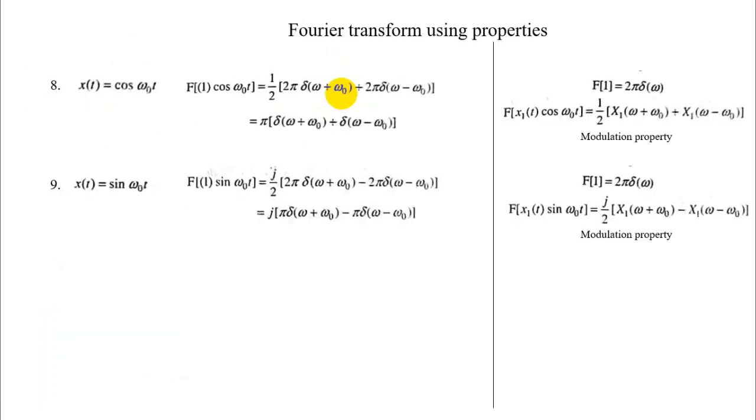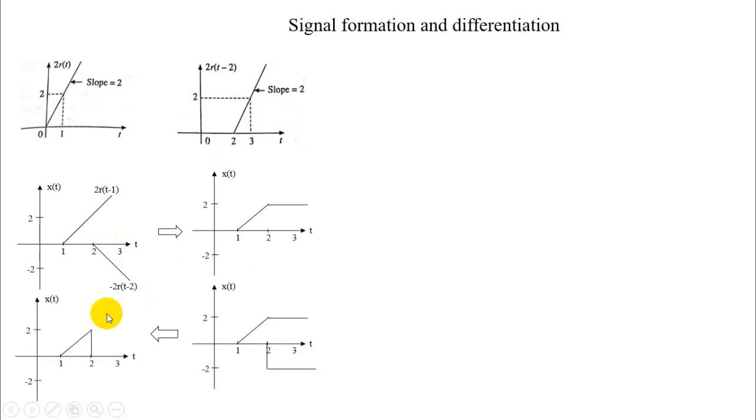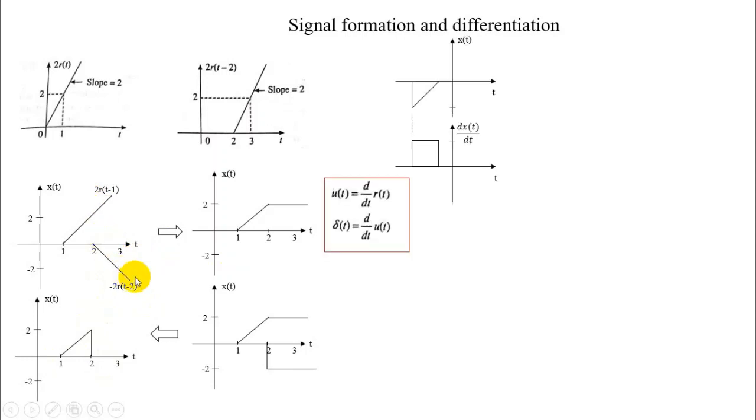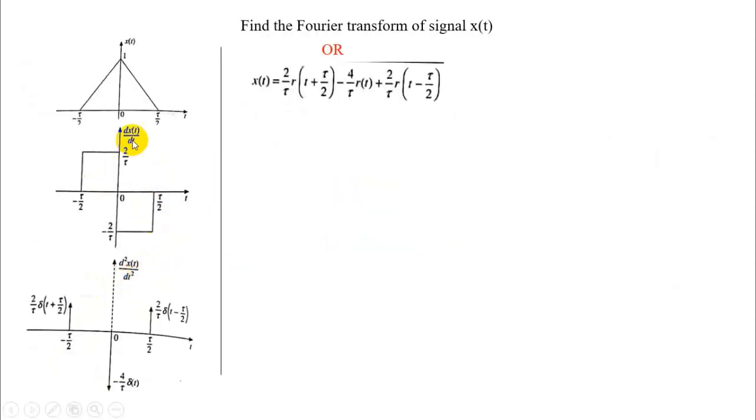I want to mention here, in similar fashion this portion has been made after adding up two signals. In similar fashion, after adding up two ramps, this portion has been made.